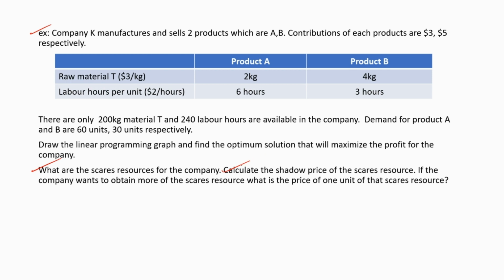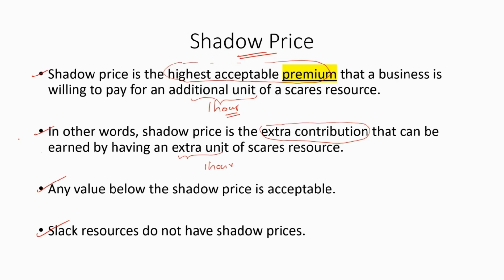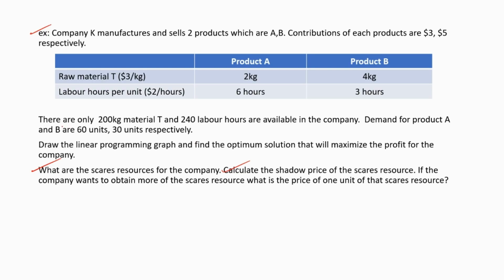Calculate the shadow price of the scarce resource. So how can we calculate the shadow price? Let's go back to the definitions of shadow price. The second definition: shadow price is the extra contribution that can be earned by having an extra unit of scarce resource. So in this example, labor hours is the scarce resource.